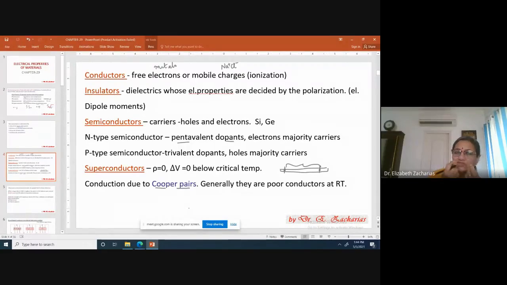What happens is 2 electrons actually form a pair. There is something called electron lattice interaction. So 2 electrons, though normally they should be repelling, form what is called a Cooper pair. Now these Cooper pairs are the ones which carry the current in the material, and there is no resistance.